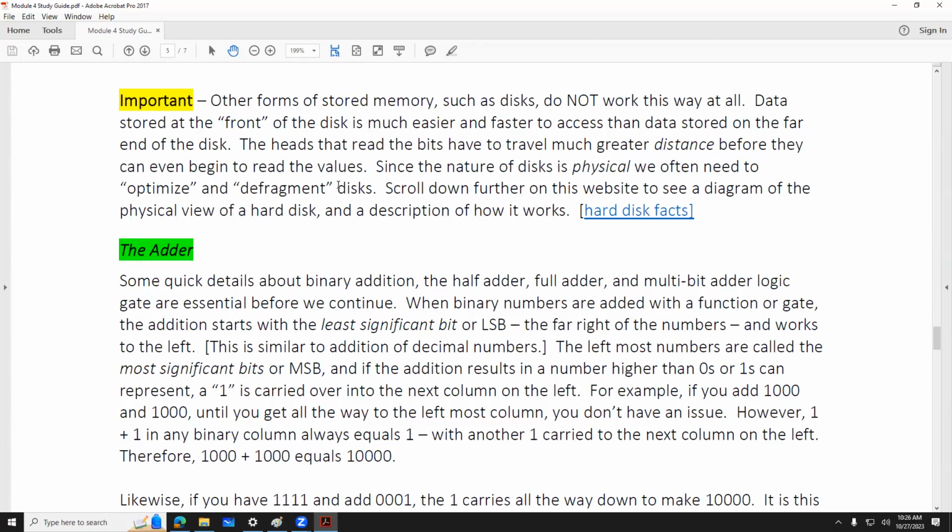Now, not all stored memory works this way. So what we want to do at this point is take a moment to explain that when the power is turned off, if the content of that data is not written to a non-volatile, everybody, repeat please, non-volatile.